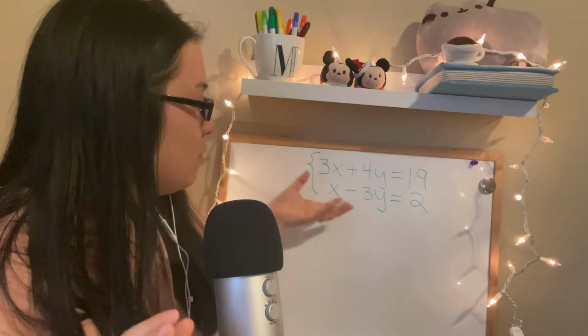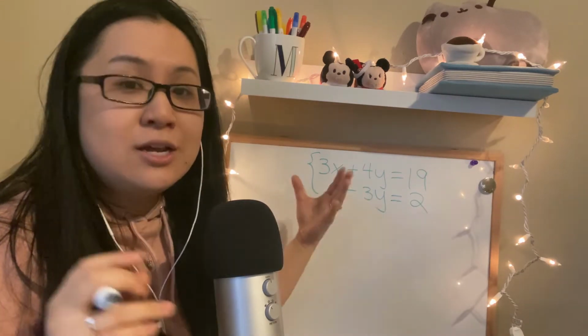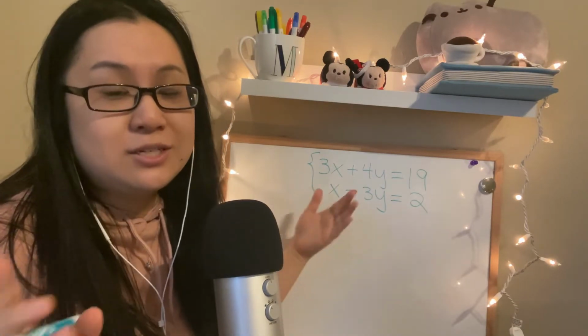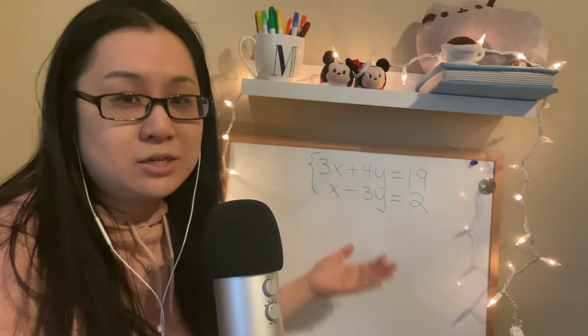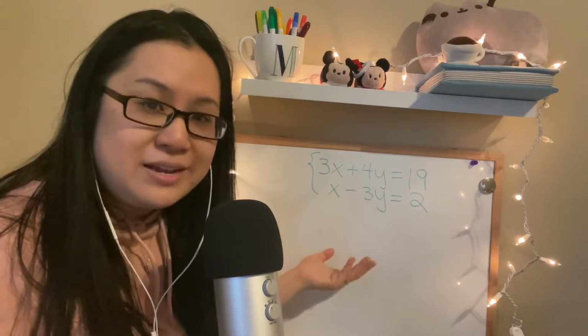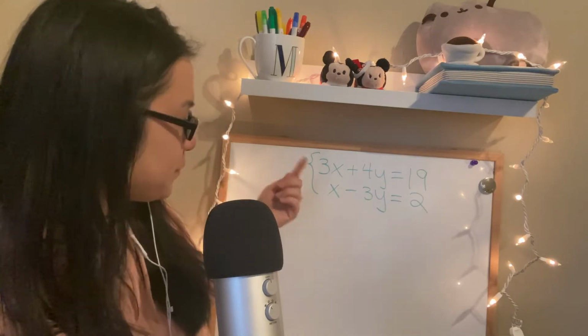Now, why do we need substitution? Substitution is just one rule or trick that we can use. It's not the only way to solve this, but it can be very helpful.